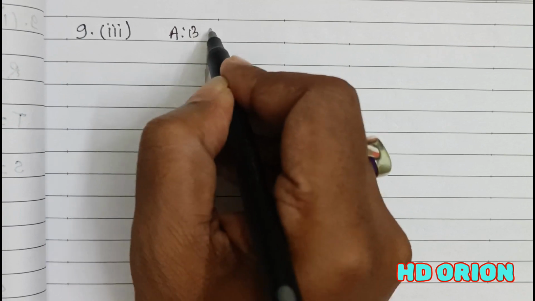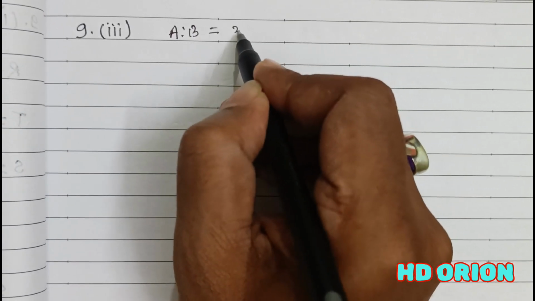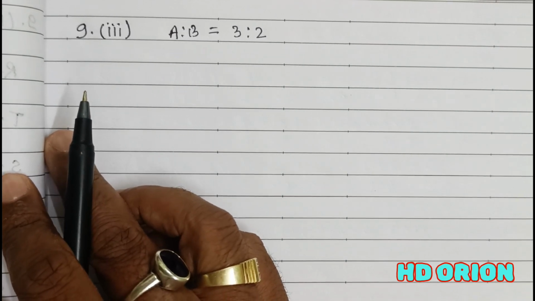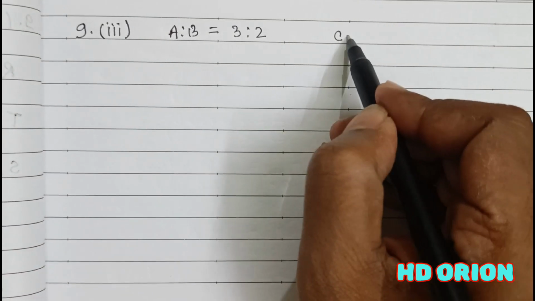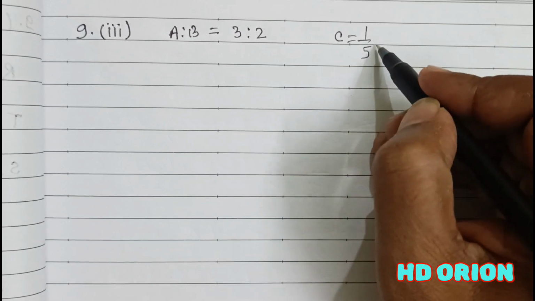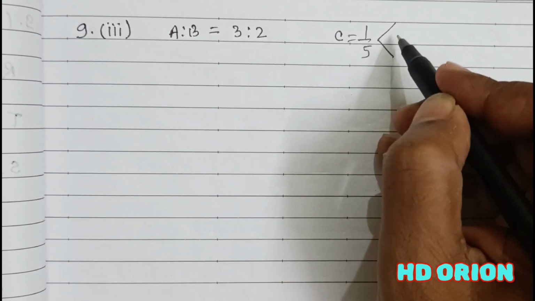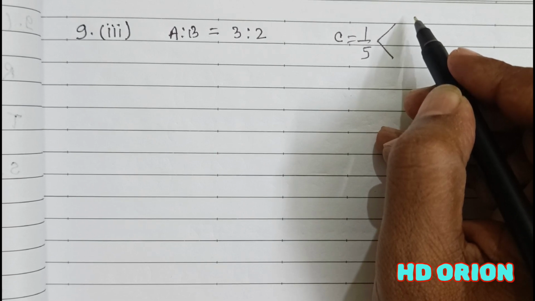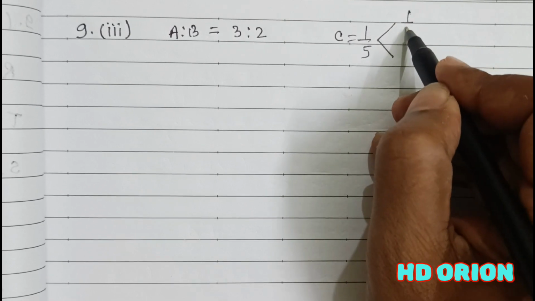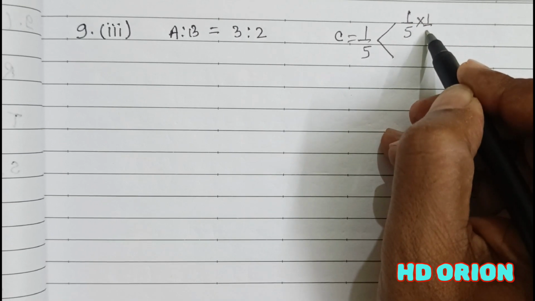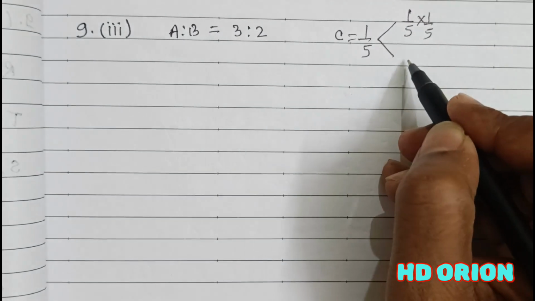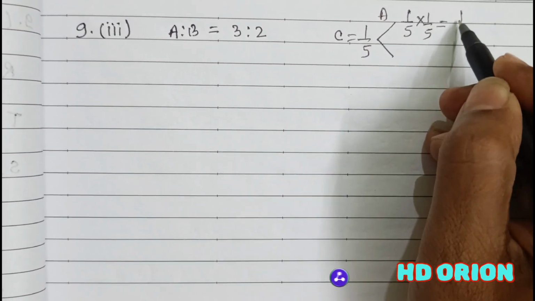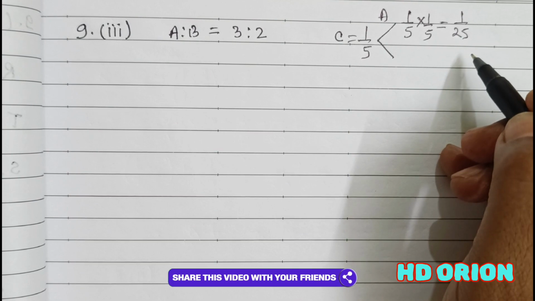There are two partners A and B and the ratio is 3:2. And new partner C joins for 1/5 share. C is 1/5. And C takes 1/5 of his share from A. So what is his share? 1/5 of 1/5 from A. So how much is A contributing? 1/25 of the total profit.